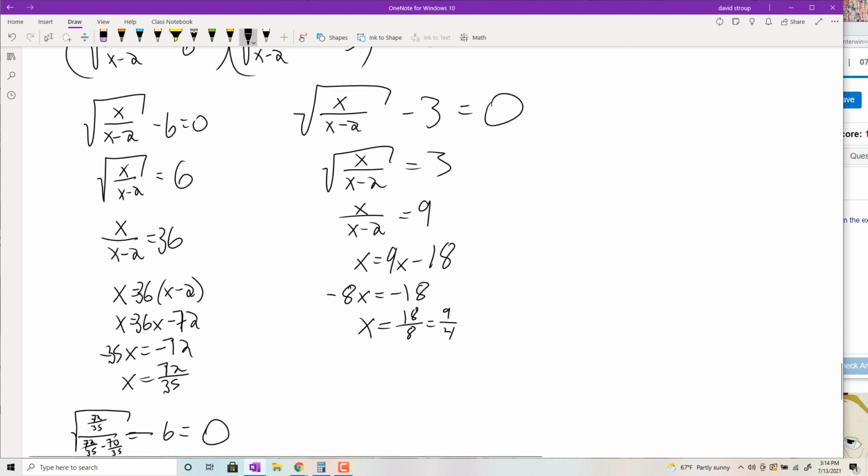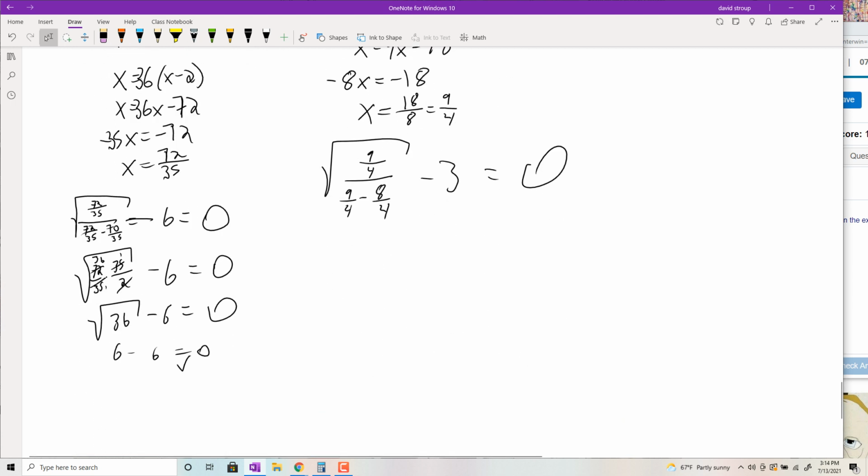Then I got to put it and check it. Square root of 9 over 4 all over 9 over 4 minus 8 over 4, minus 3 should equal 0. So I have the square root of 9 over 4 times 4 over 1 minus 3 is 0, and that works.